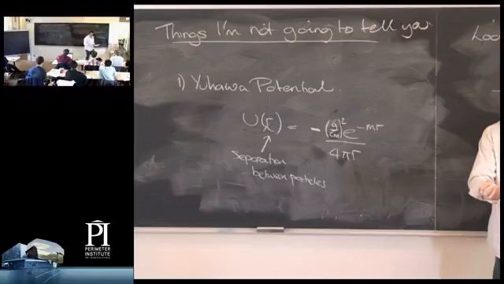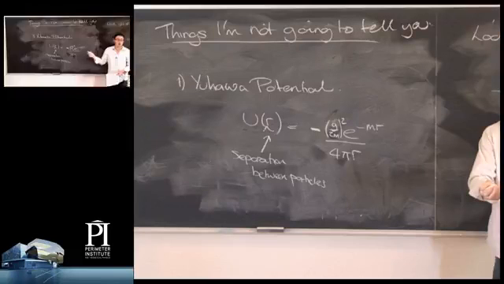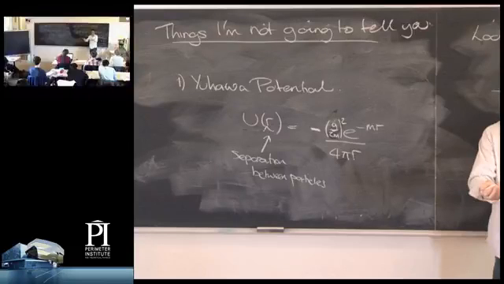One thing I want to stress, there's a minus sign here. What does that mean? It means that the potential is attractive. The force is attractive. These nucleons want to come together because of this exchange of the particles. If we did the same calculation for nucleons and anti-nucleons, we'd find exactly the same answer.